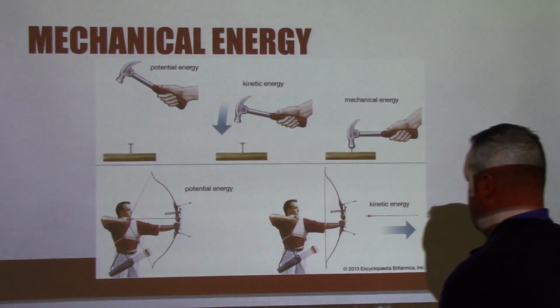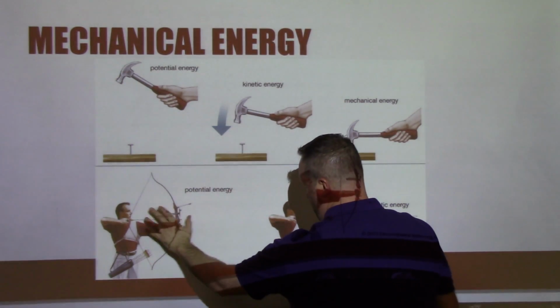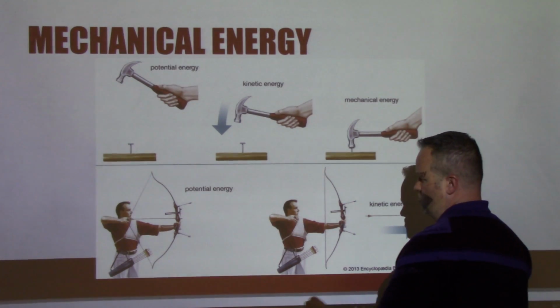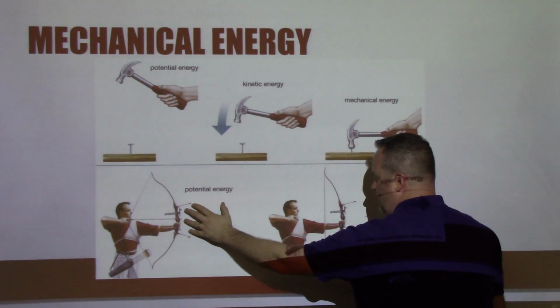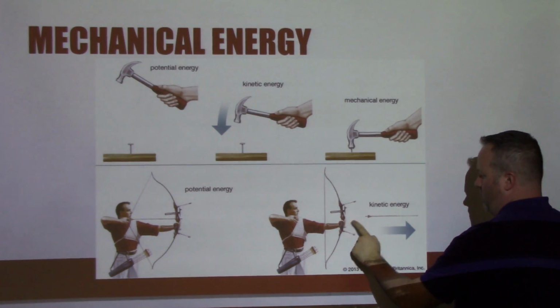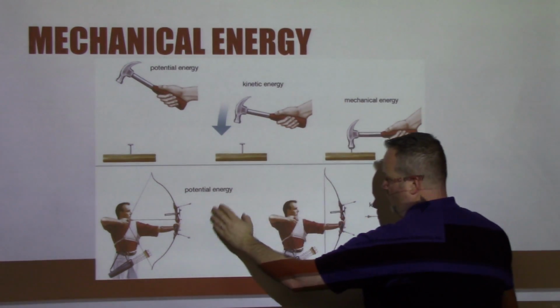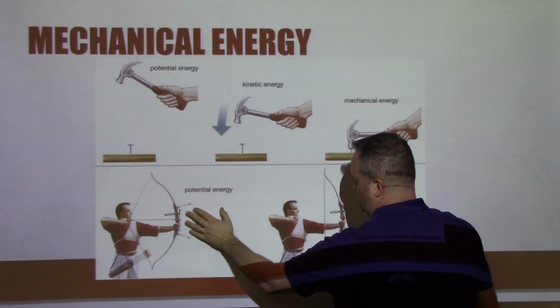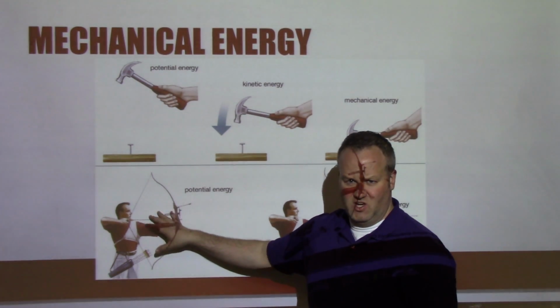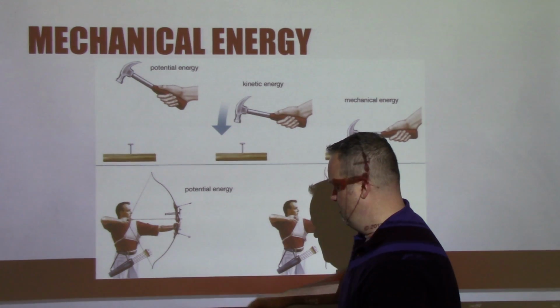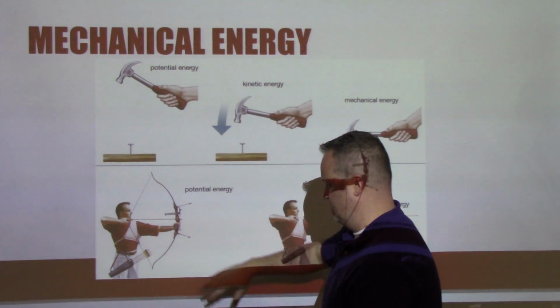Another scenario. Here we have the bowman, and he pulls the string back on the bow with the arrow in. When he releases that string, the arrow flies forward. So basically, when he pulls back, he has what we call potential energy. This type of potential energy is actually called elastic potential energy because it deals with springs and things like that.